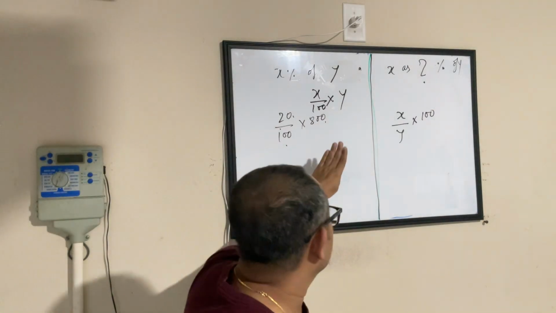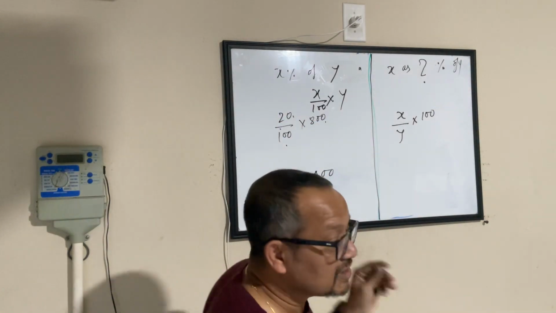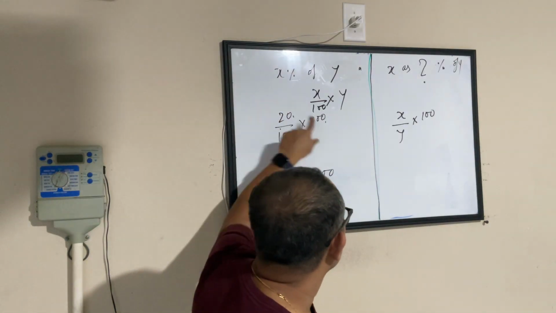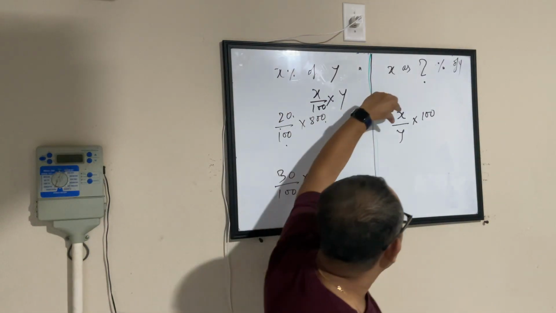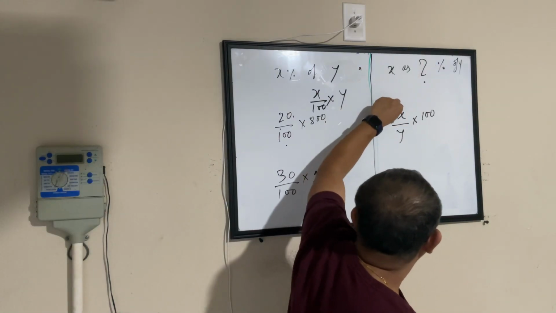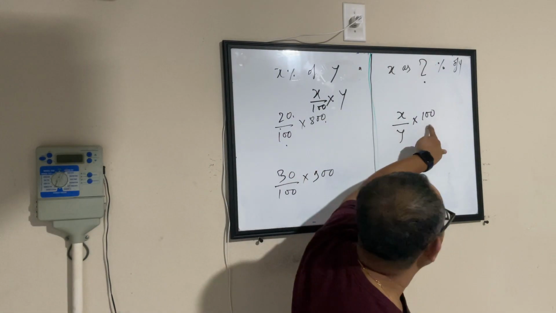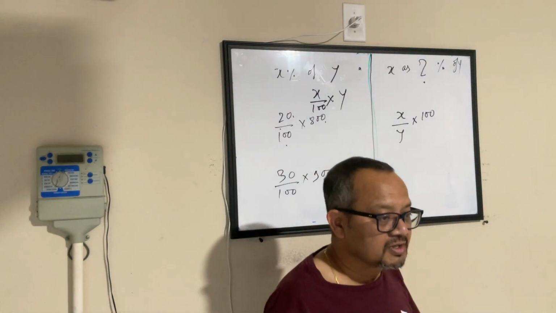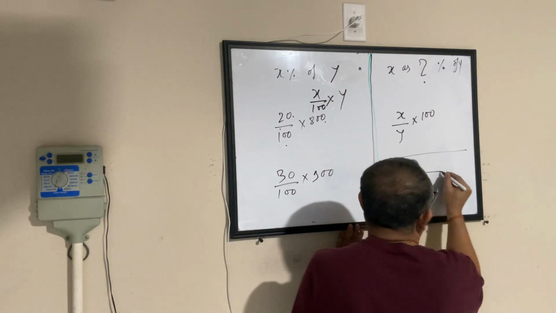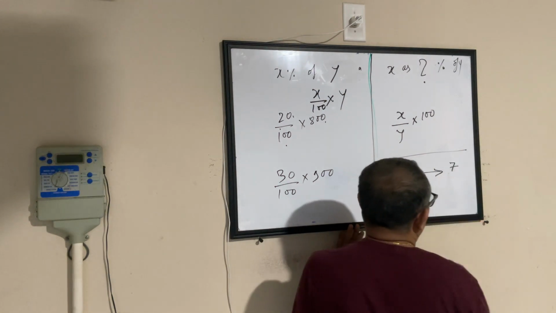So there are two scenarios. When you have to find out a certain percentage of a number, do this. If you have to find out a number is what percentage of another number, multiply by 100. This is how you do it. Like we saw, for $25 I'm getting a 7 discount.